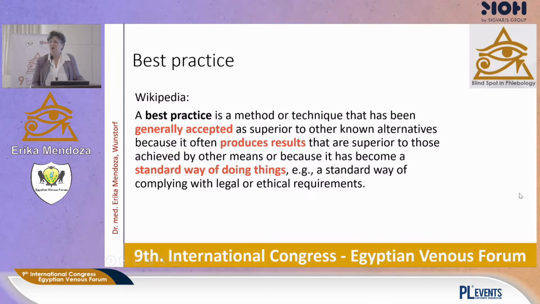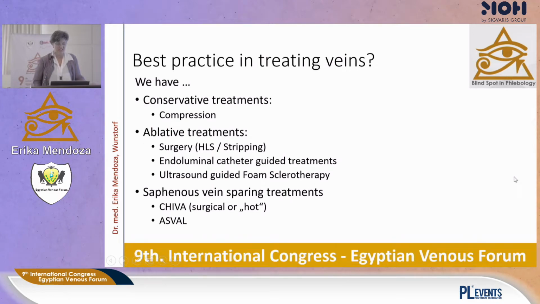In phlebology, we have so many different ways of doing things that standardization is difficult. For treating veins, we have conservative treatments with compression, ablative treatments, surgery, high ligation and stripping, endoluminal catheter-guided treatments, ultrasound-guided foam sclerotherapy, and saphenous vein sparing treatments.